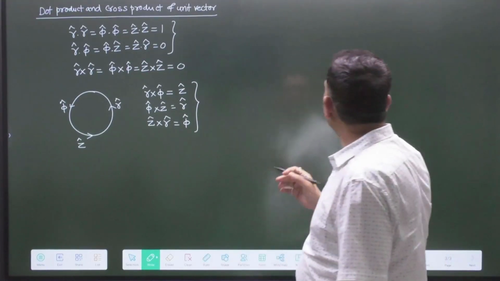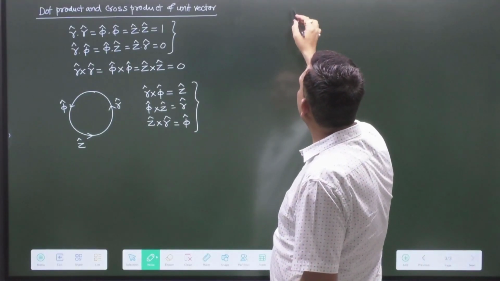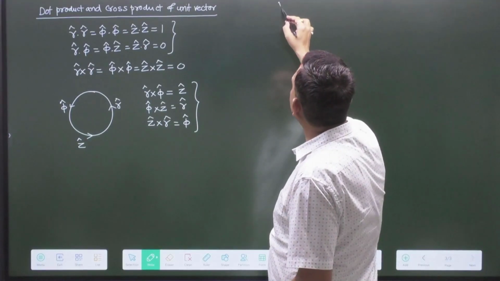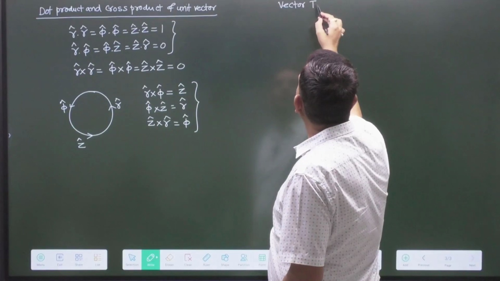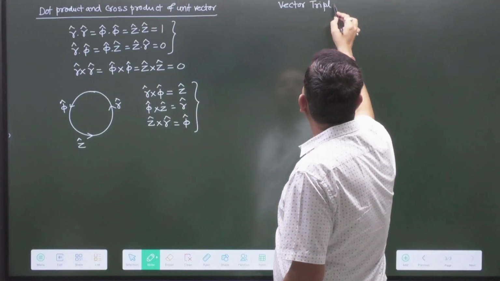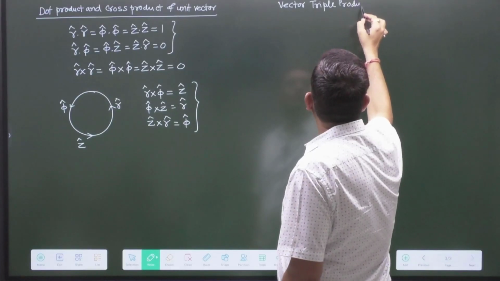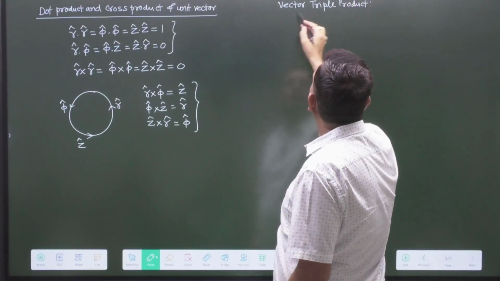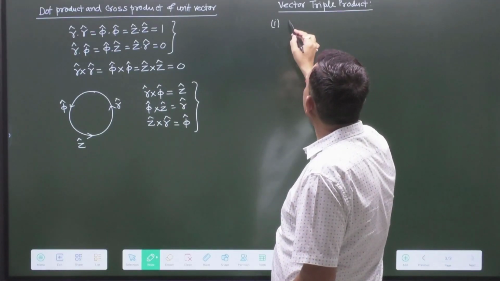Now, one another point is there. Let's define the vector triple product. First is the scalar triple product.